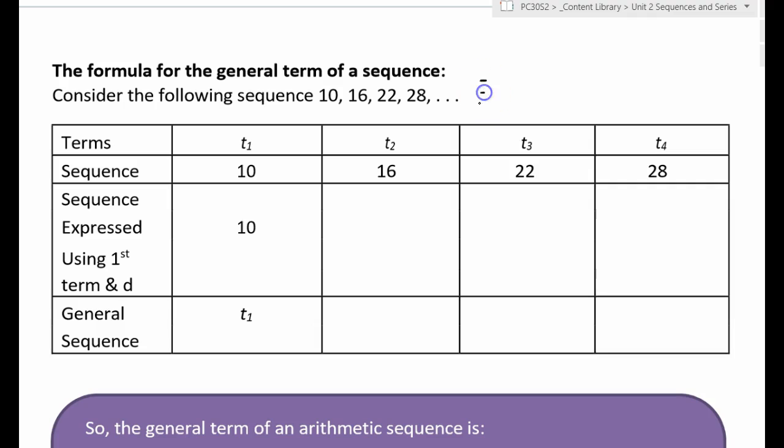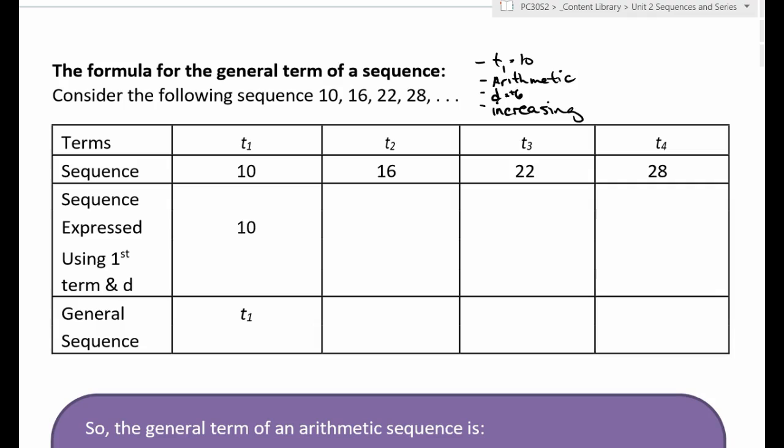So I've already got 3 key pieces of information. You could also tell me term 1 is 10. Arithmetic, my common difference is positive 6, so it's increasing. We've already got the gist of it.